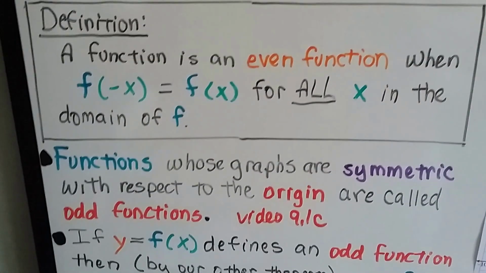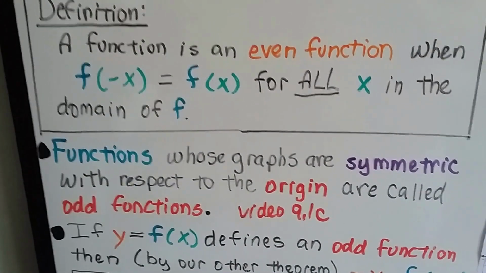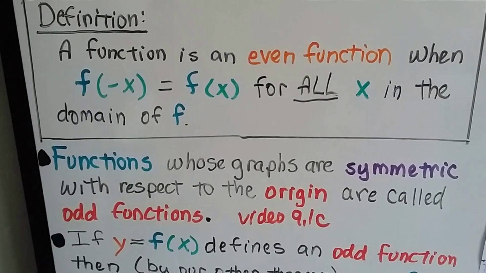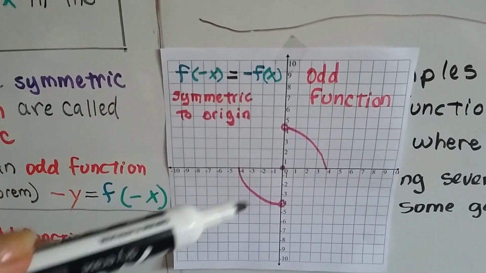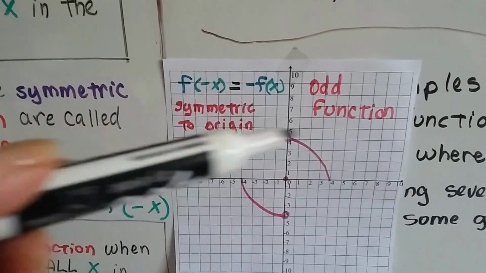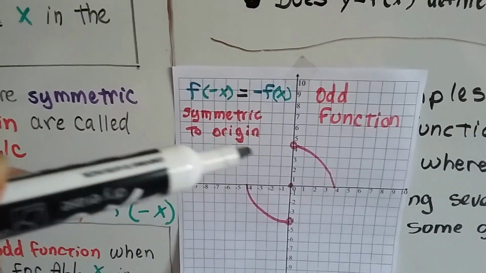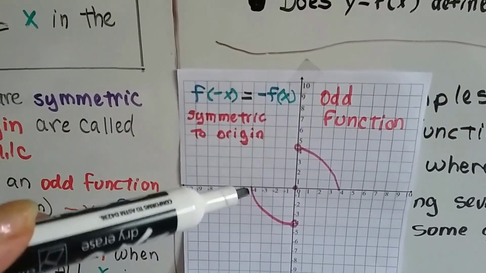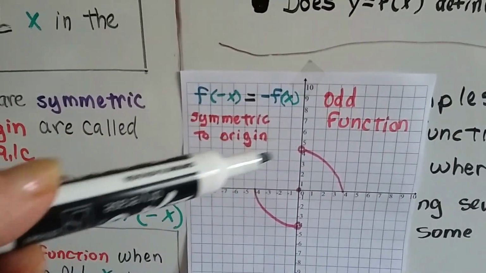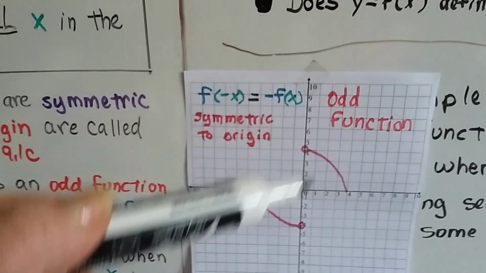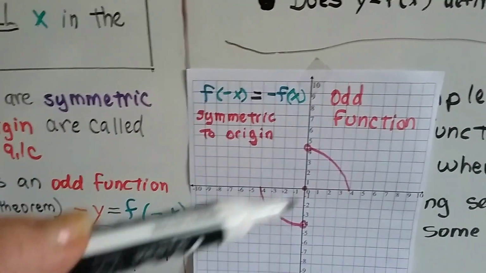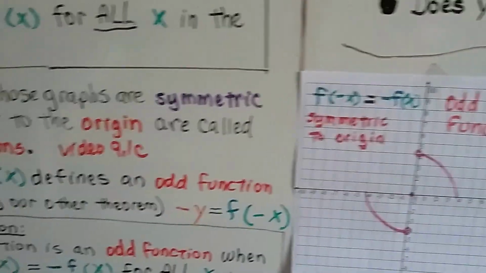Functions whose graphs are symmetric with respect to the origin are called odd functions. So take a look at this graph. This is symmetric to the origin, isn't it? It's not symmetric to the y, so it's not an even. We don't have an exact reflection on this side of the y-axis, do we? It's reflecting across the origin, so now that's an odd function.